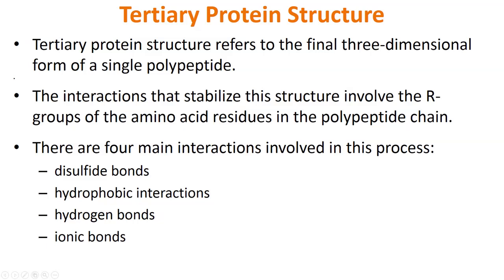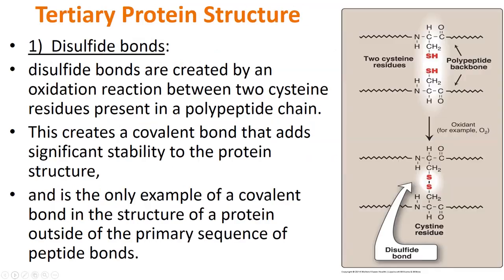So there are four main types of interactions that form this final bonding: disulfide bonds, hydrophobic interactions, hydrogen bonds, and ionic bonds. We're going to look at each of those. Disulfide bonds. We actually looked at this same figure briefly in the last lecture. This is when you have two cysteine residues, and they could be fairly far apart on a particular polypeptide, but for whatever reason in the final three-dimensional structure, they're close to each other.